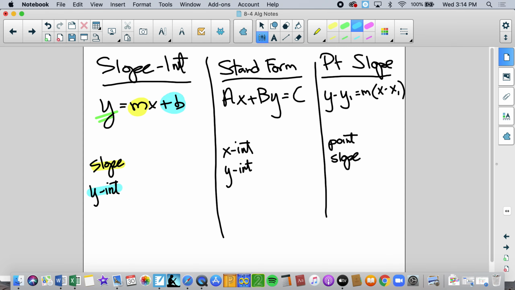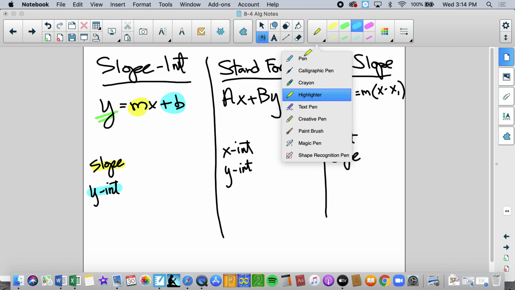In standard form, the x-intercept is a little bit more technical.